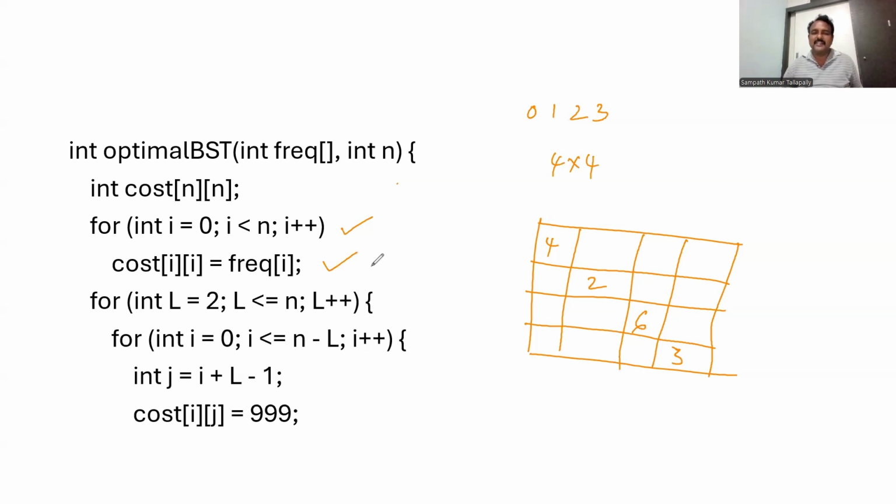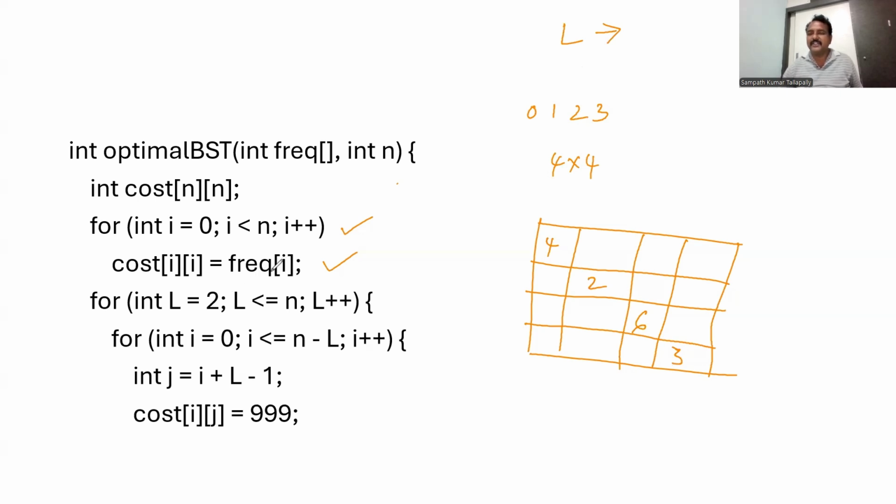Now, after filling these elements, we are going to have a loop here. We are going to start that loop from L = 2, while L is less than or equal to n, L plus plus. When I say L, it indicates the size, or the number of elements which I would like to include into your binary search tree. At this point of time, we are going to say 2. It means that we are going to include 2 elements into the binary search tree.